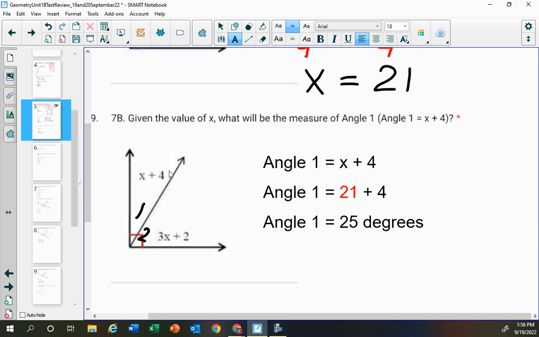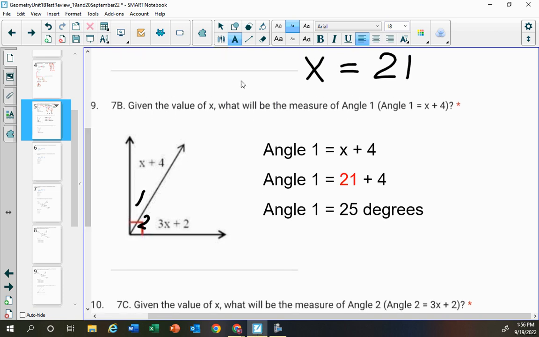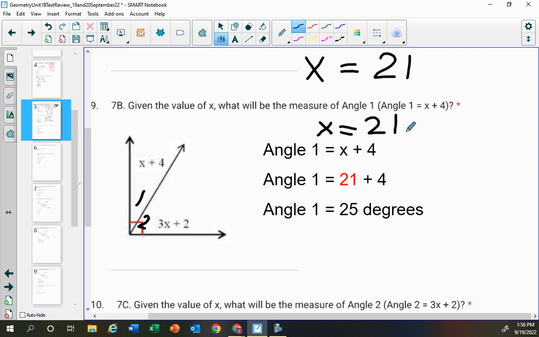Now, for the second one, how did you get 65? There's more than one way you could have done it. 3 times 21 plus 2. Okay, that's the quickest way. So again, should say x is 21. So then you just substitute.